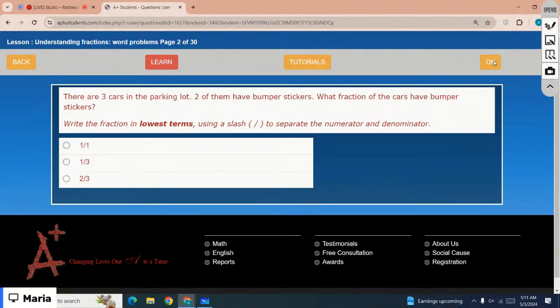There are three cars in the parking lot. Two of them have bumper stickers. What fraction of the cars have bumper stickers? Which is the correct option?